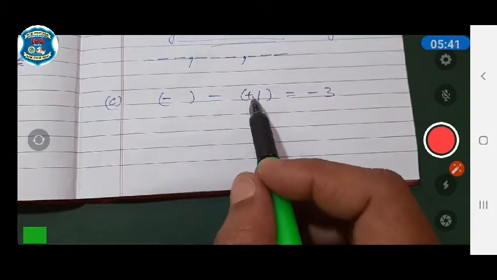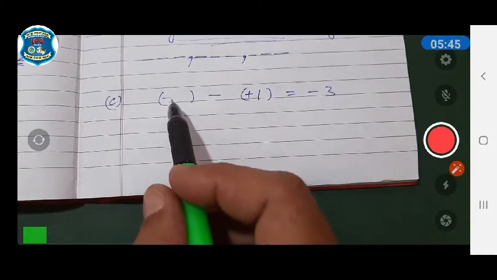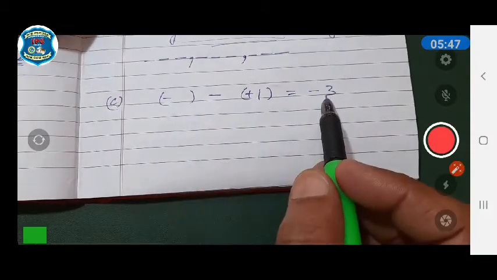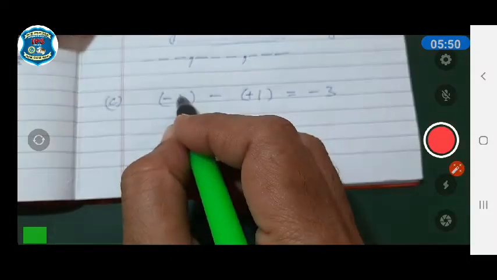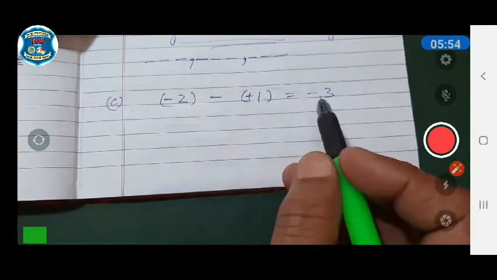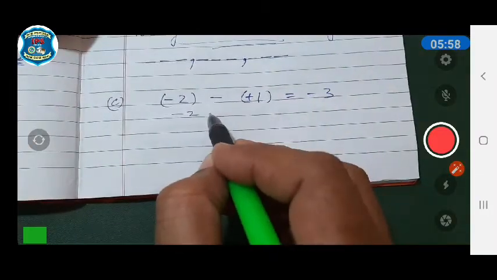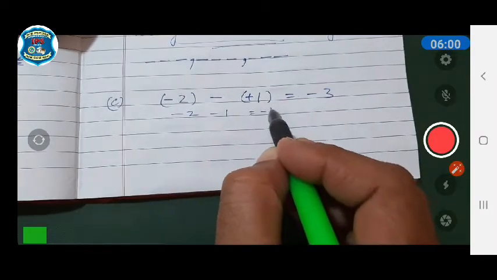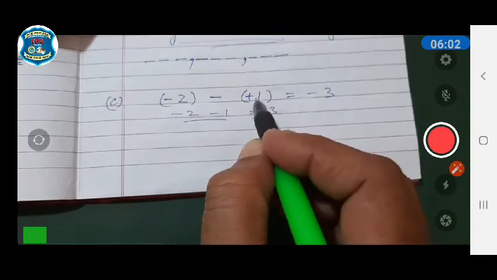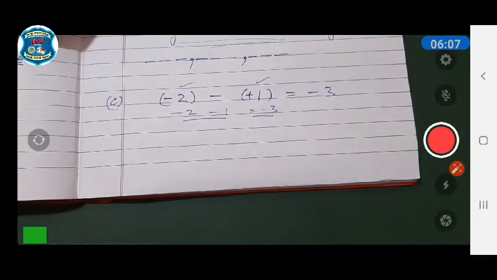See, minus plus is minus, it is minus 1. Minus 1, what to do so that it is minus 3? It should be minus 2. Minus 2 minus 1 is what? Minus 3. So these are the two integers you can write. Understood?